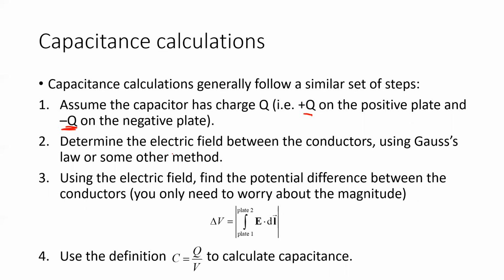We're going to determine the electric field between these conductors with those charges in place using some method, typically Gauss's law, but you could, in an advanced situation, use a different method or even numerical calculations on a computer if you're engineering a complex shape for your capacitor. And then using the electric field, we're going to find the voltage between the two plates. So now we have a thought experiment of putting a charge Q. We know the voltage between the two plates. Capacitance is defined as the ratio of that charge Q we put there to the voltage, and that will get us to capacitance.